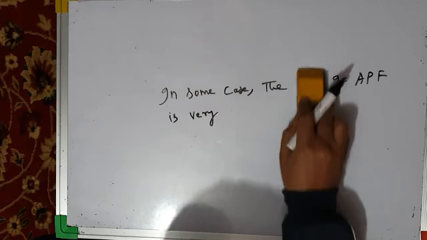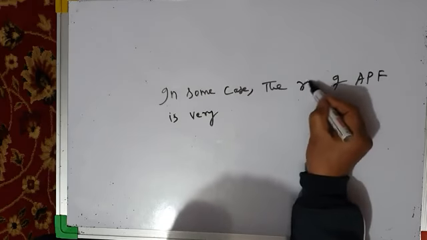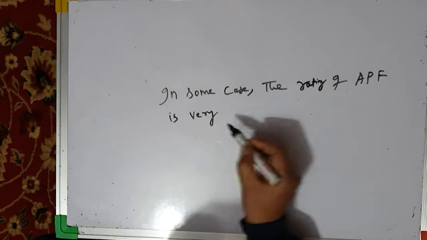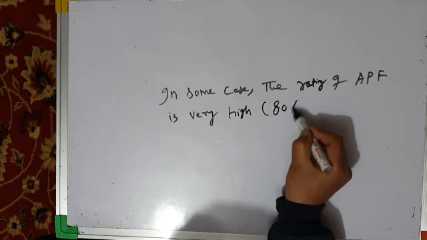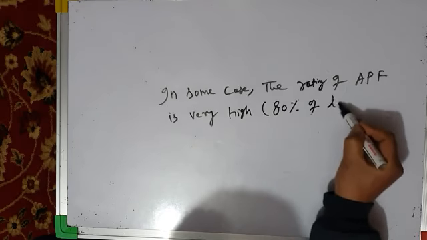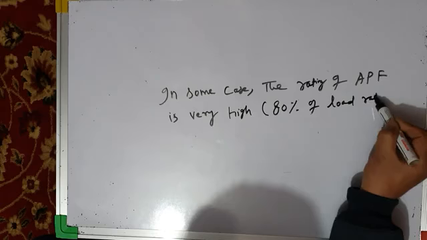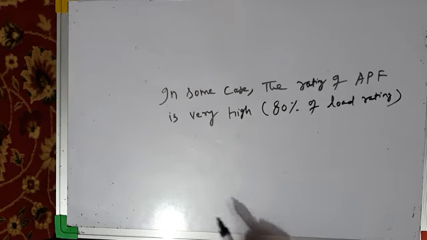I should not write cost, but the rating. The rating of active power filter is very high. It is as high as 80% of load rating. I mean, if your load is 10 kVA, the rating of your shunt active power filter may be 80% of load rating. That is 8 kVA.